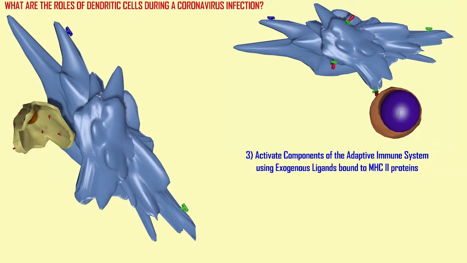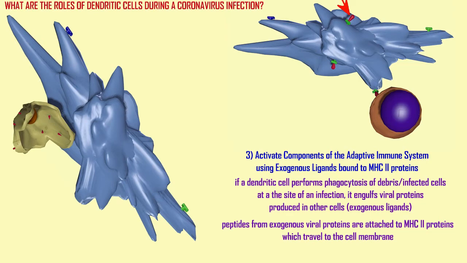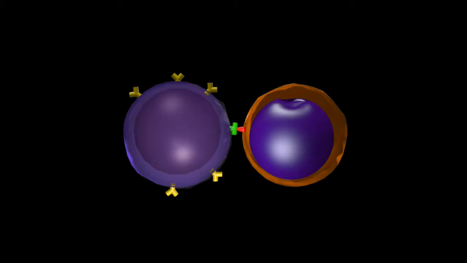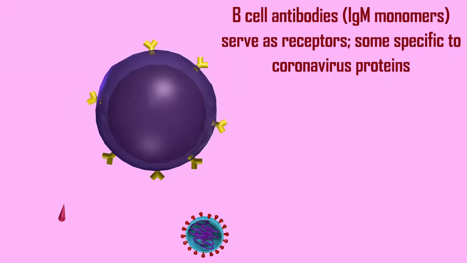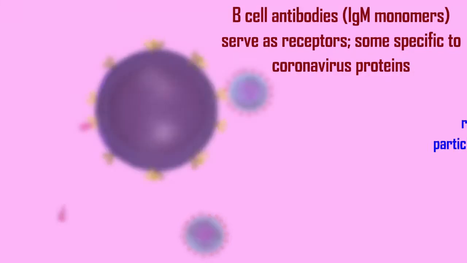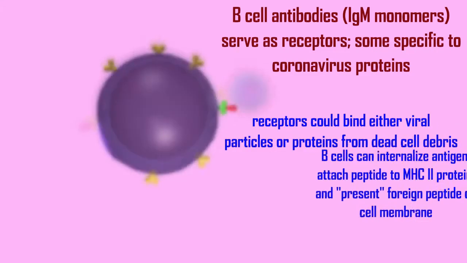And so these helper T lymphocytes interact with a group of cells known as antigen-presenting cells, cells like monocytes, macrophages, dendritic cells, and even B lymphocytes, which ingest either the coronavirus particle or proteins from the coronavirus, and then present peptides from those foreign proteins on MHC2 cell ID badges.